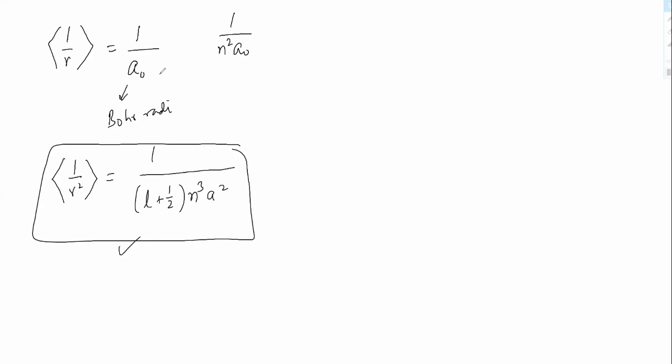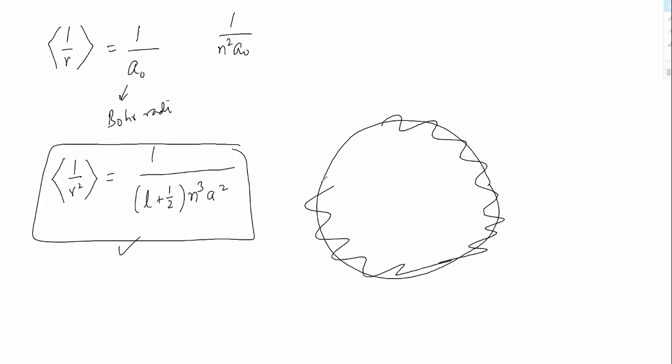In general it should be something like zigzag, because in quantum mechanics we talk about probabilistic interpretation. But when you solve this equation, it turns out that the expectation value is nothing but the Bohr radius, which Bohr had obtained.